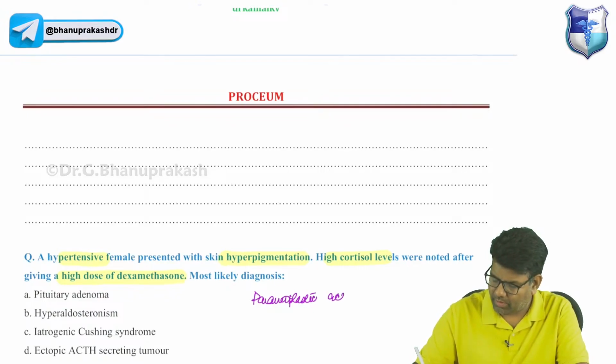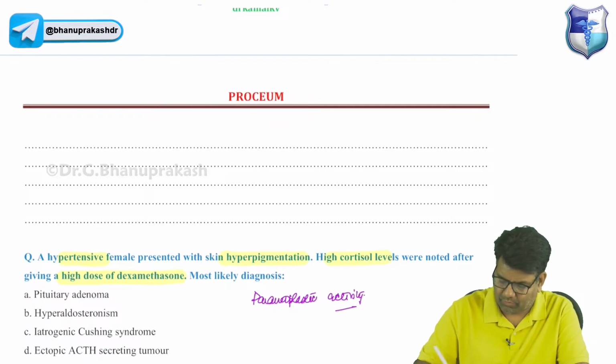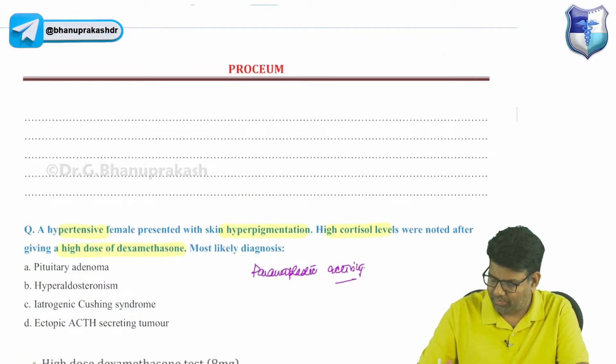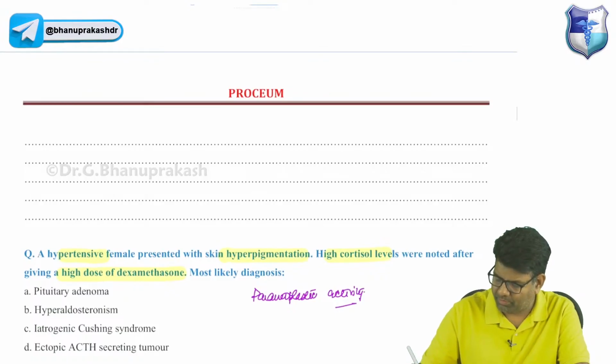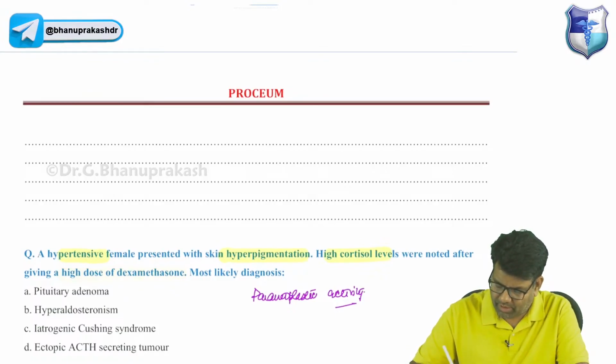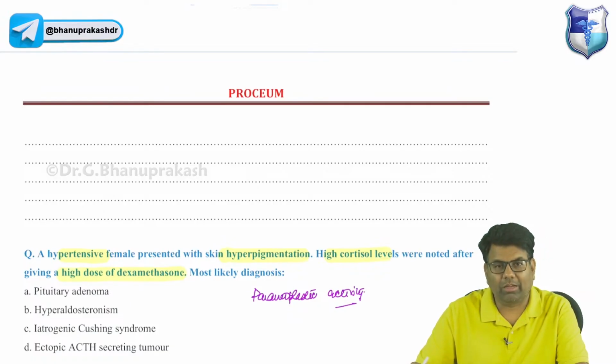Of course, this is a classical case of Cushing syndrome. But even if we are giving a high dose of dexamethasone, cortisol levels are not decreasing. It means the ACTH is coming from somewhere else, which is not controlled by the pituitary system.